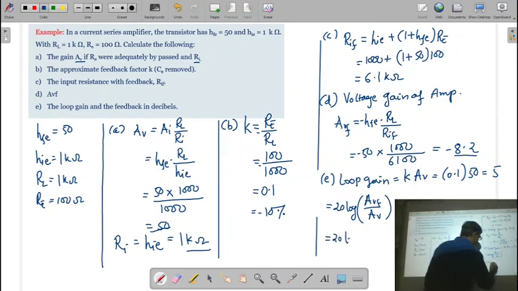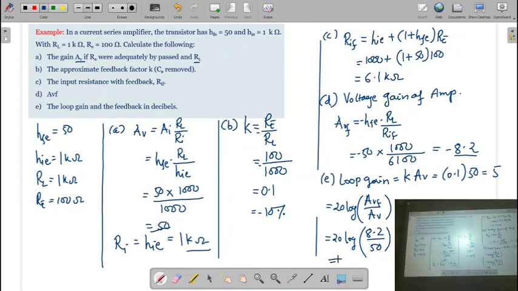Here AVF is 8.2, and AV is 50, and your answer will come out to be 15.7 dB.